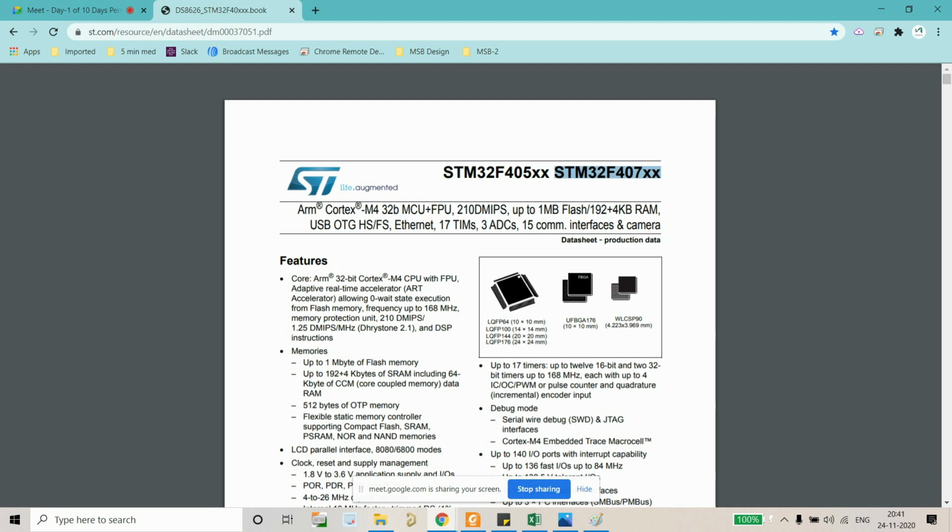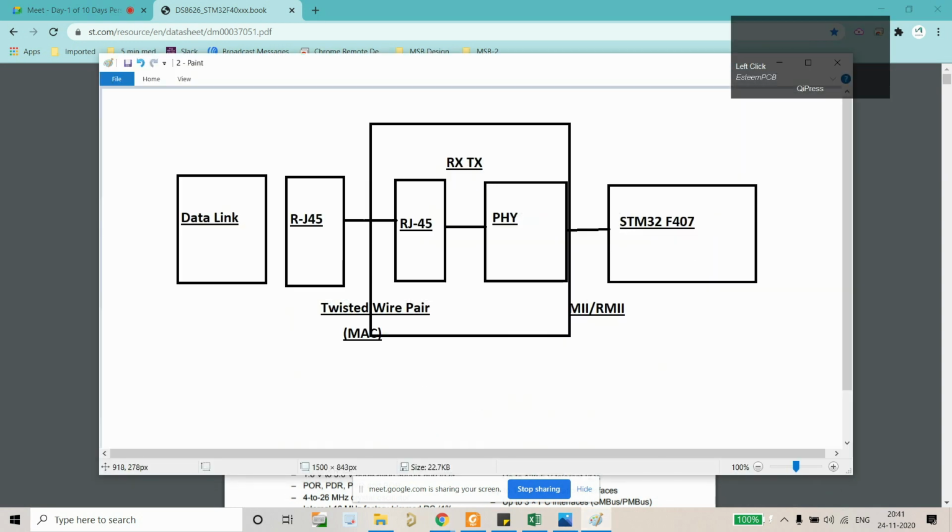As I said, using MII we will communicate between the Ethernet PHY and our main controller. So this is our Ethernet PHY, it is a chip. If some controllers have an integrated one, in that case we don't need a separate Ethernet PHY. You getting my point? Okay, yes, our Ethernet PHY chip is communicating with our controller, right?